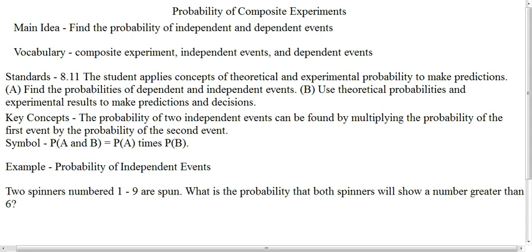We said from the beginning that any activity involving chance, such as spinning a wheel, flipping a coin, or rolling a die, is called an experiment. We also said that each repetition or observation of that experiment is called a trial, and each result of that trial is an outcome.